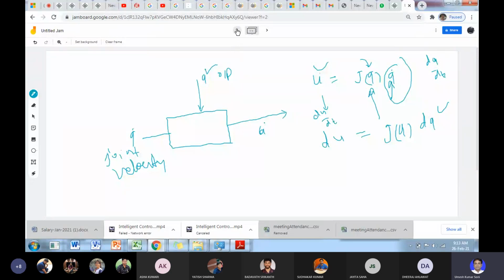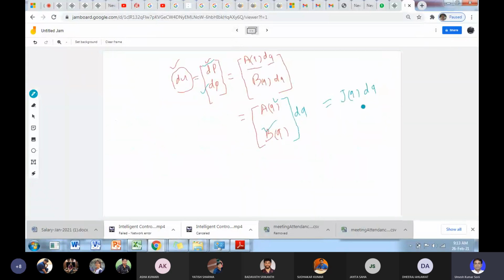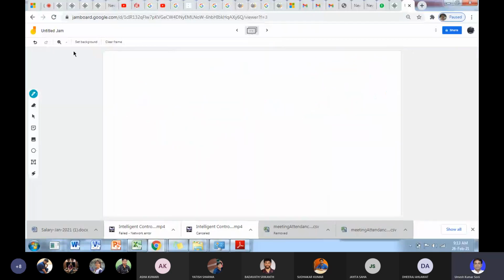Previously we had seen that du equals J(q) dq. Our objective is to estimate these two matrices A and B.